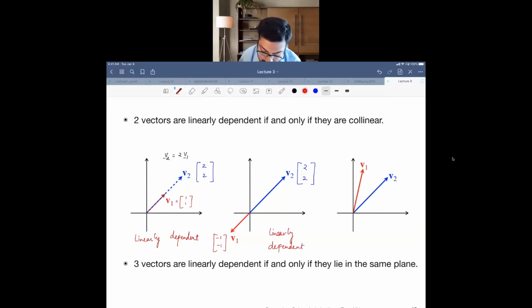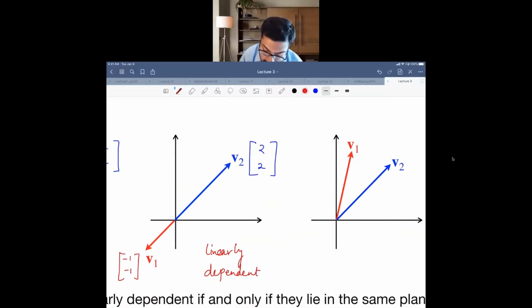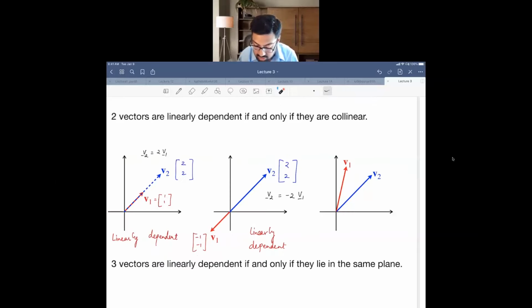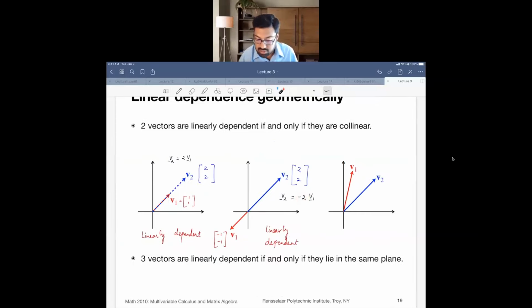Why? Because again I can write the v2 vector as -2 times the v1 vector, right? It's the same line, but they're pointing in opposite directions. But still, there is a way to express one vector as a linear combination of the other. In this case, there's no combination, just a factor of the other. So it's still linearly dependent.